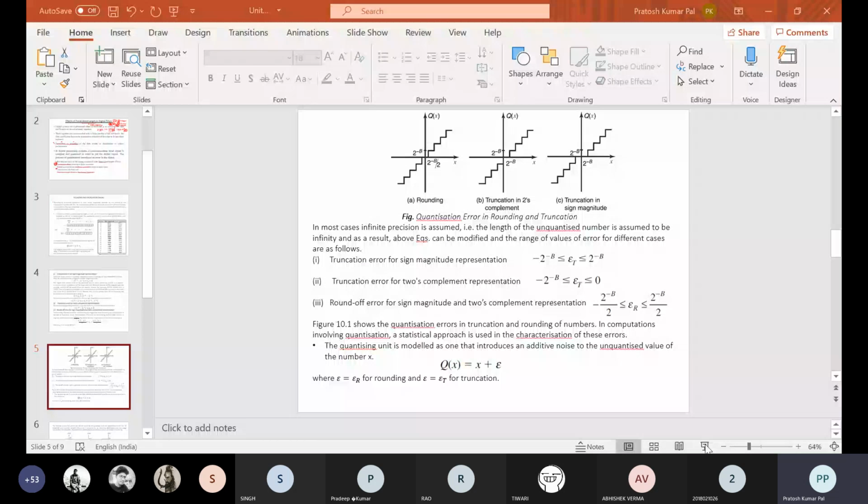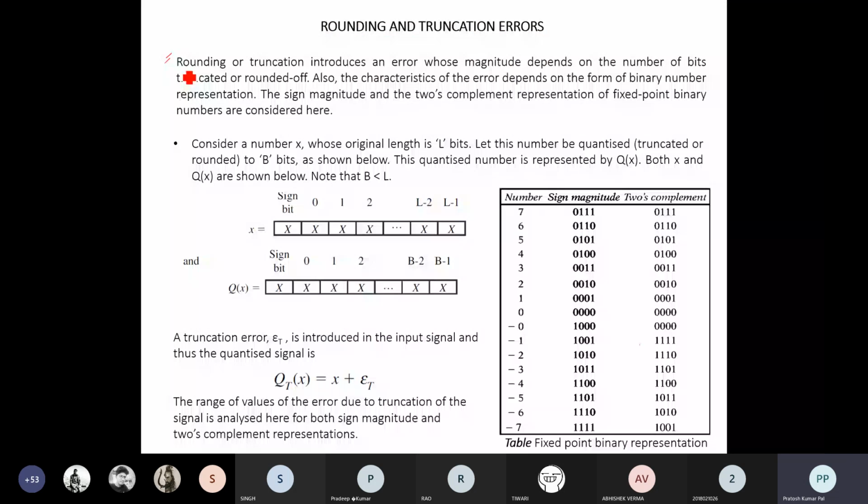So in rounding and truncation errors, we will see the effect of rounding a value. If a value 0101 is written and we make a rounding, that means we remove one of the bits, either 0 or 1, and we get the rounding error.